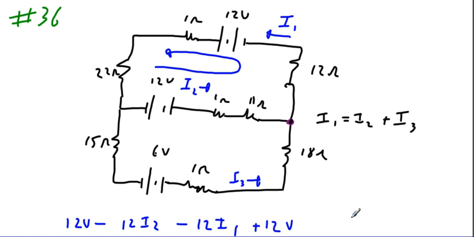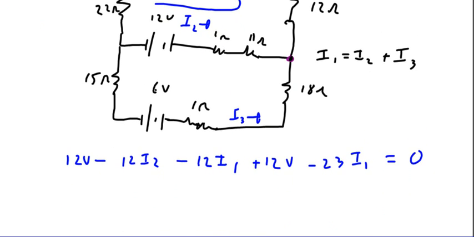When we go down 23 I1, and that has to equal 0. The sum going around a loop has to be 0.